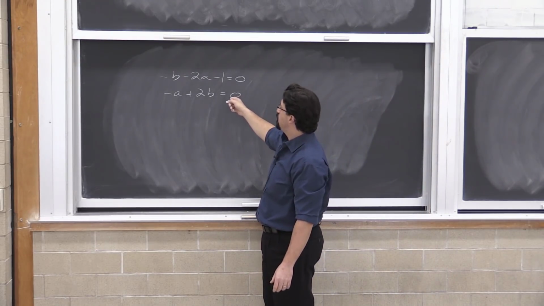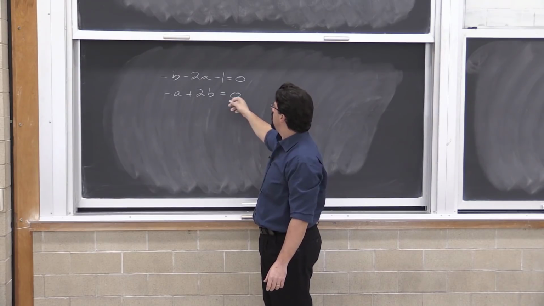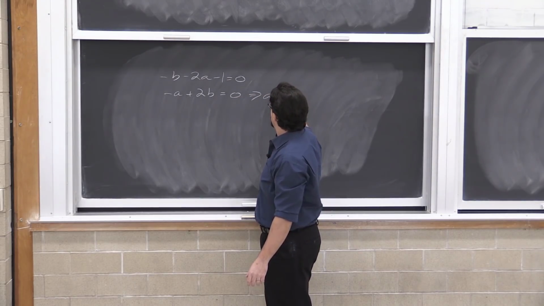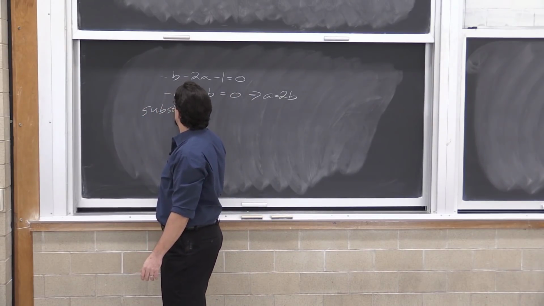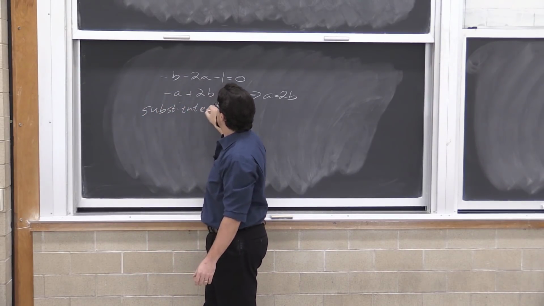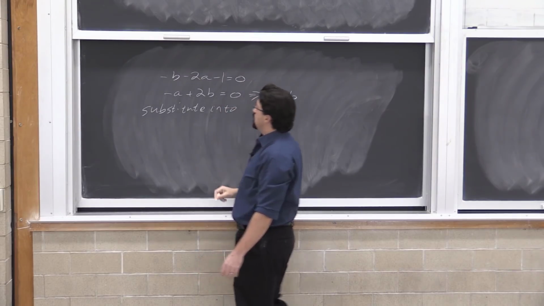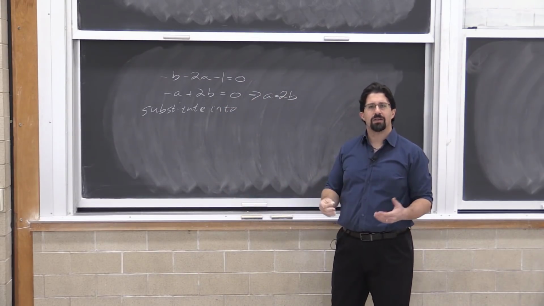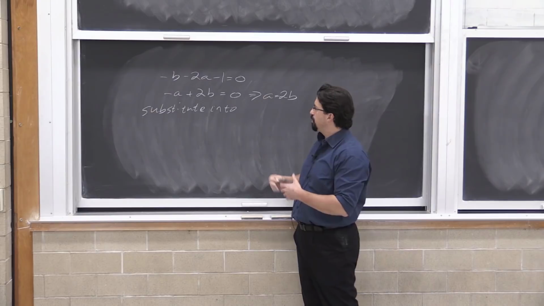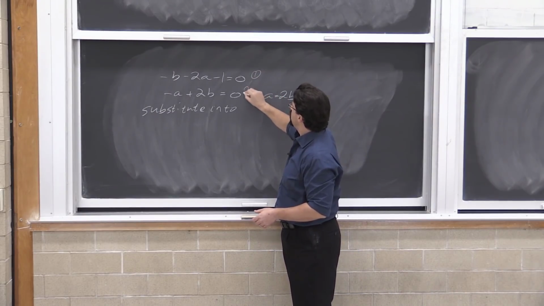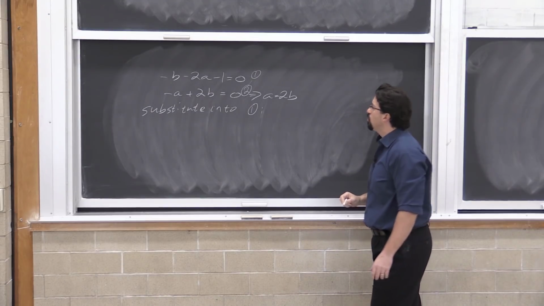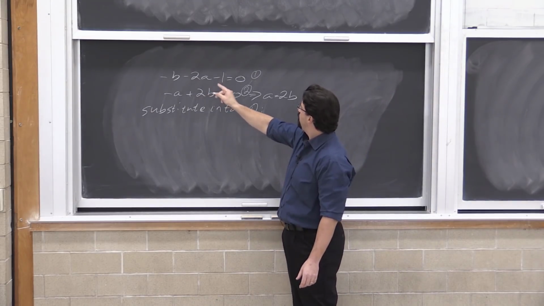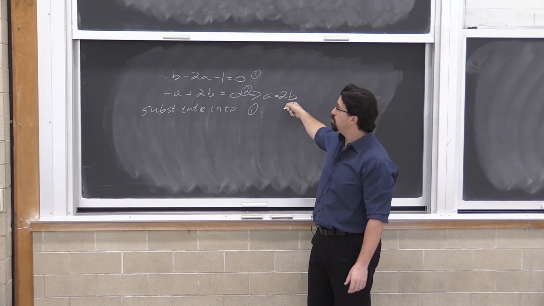My personal preference is take a is equal to 2 times b and substitute it into, see at this point I fall back on my linear algebra reflexes. Let's label these equations 1 and 2. So substitute it into equation 1, and we have negative b minus 2 times a.